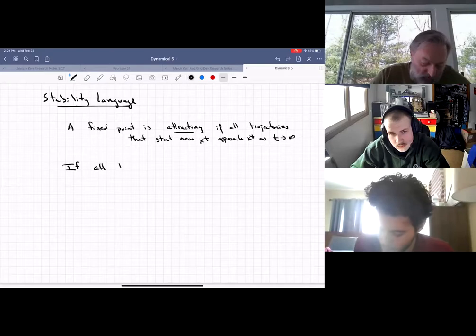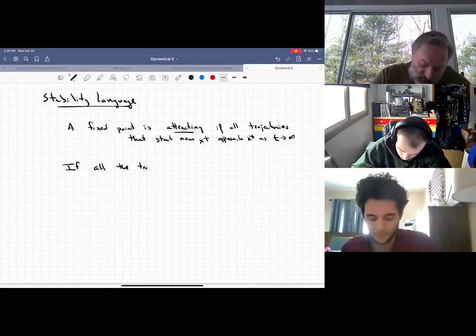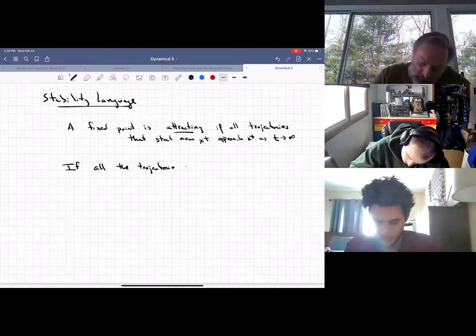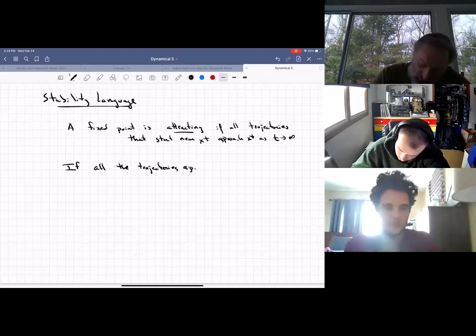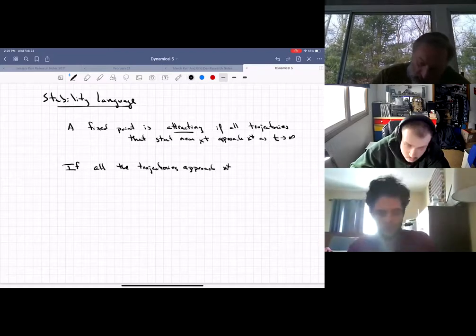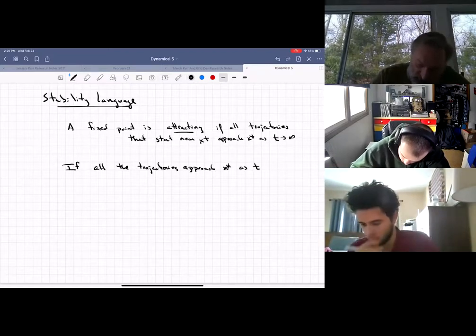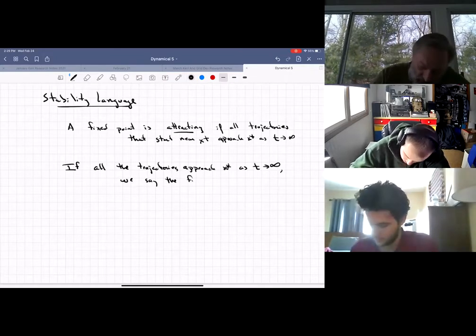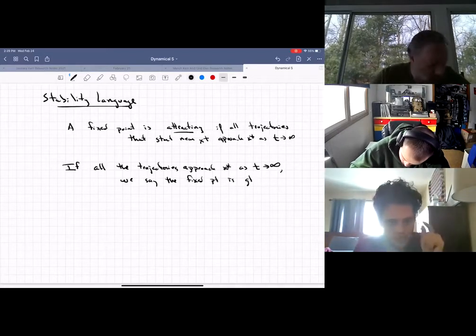If all the trajectories approach X star as t goes to infinity, we say the fixed point is globally attracting.